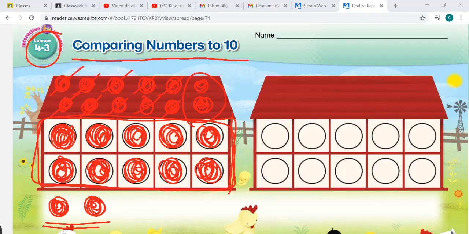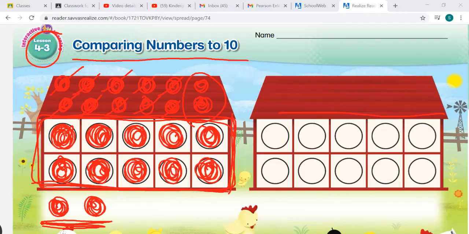He has more than 10. Why does he have more than 10? How did you figure that out? Well, we know that because we filled in all of the 10 squares with counters, and we have 2 extra counters. All right, so that means he actually has 12 horses, which is more than 10.